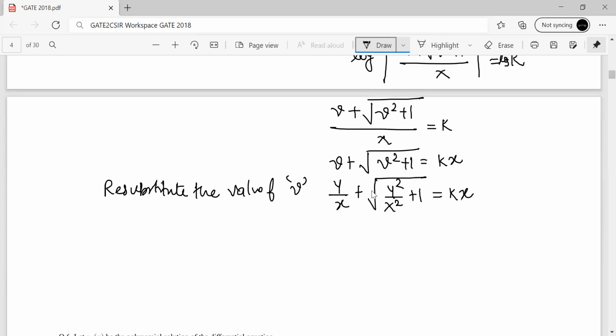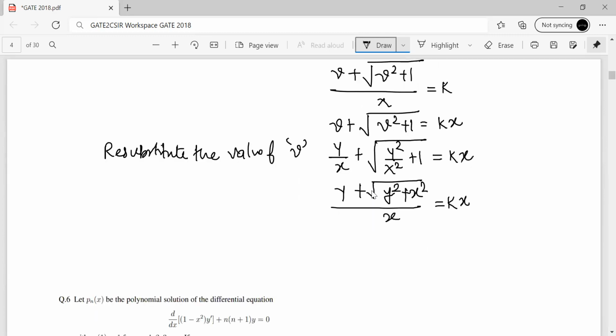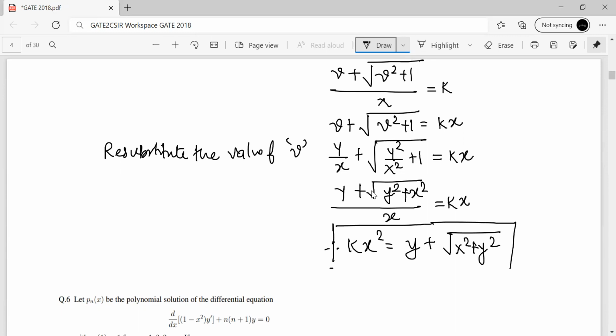And now just take this x square out of the square root sign, so you get y plus under root y square plus x square over x equal to kx. Now you get kx square equal to y plus under root x square plus y square. So that's my desired answer.